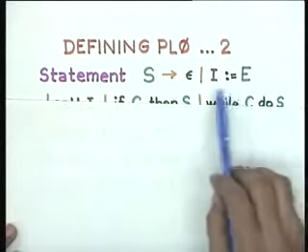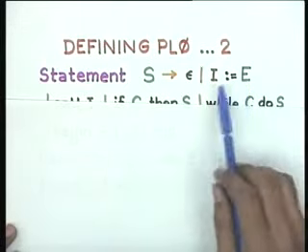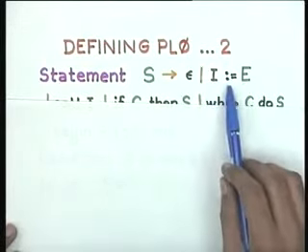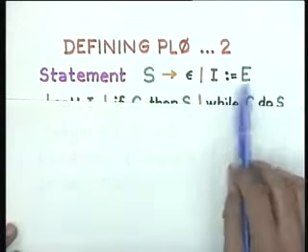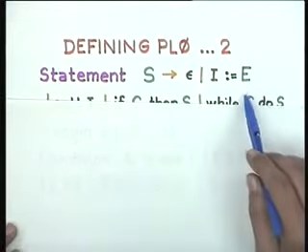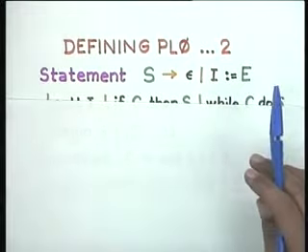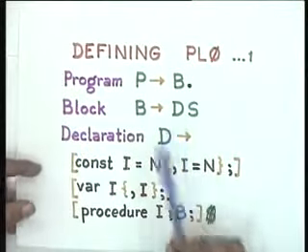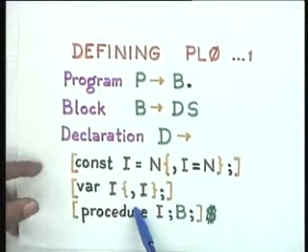Otherwise you have an assignment. An assignment statement is a statement, where an assignment of course is an identifier colon equals an expression. Note that there is absolutely no relation between what identifiers are declared in this declaration and what identifiers are used in the statement.